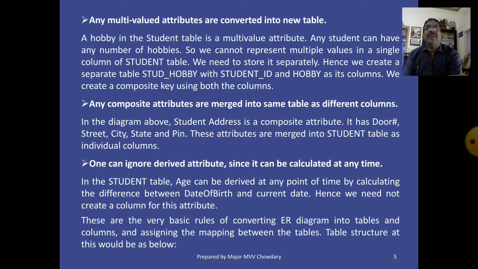Hence, we need not create a column for this attribute. These are the very basic rules of converting an ER diagram into tables and columns and assigning the mapping between the tables.